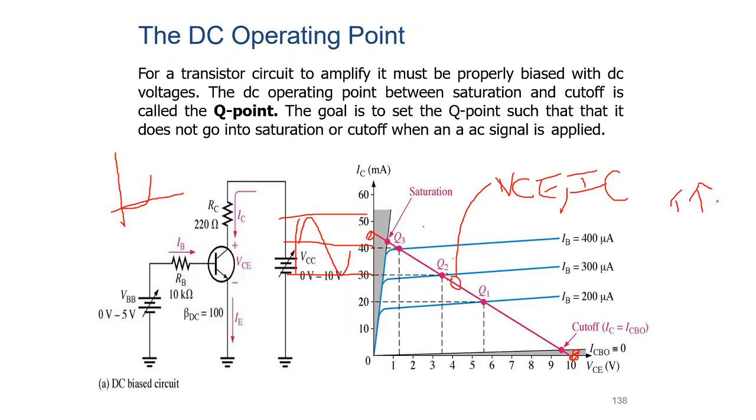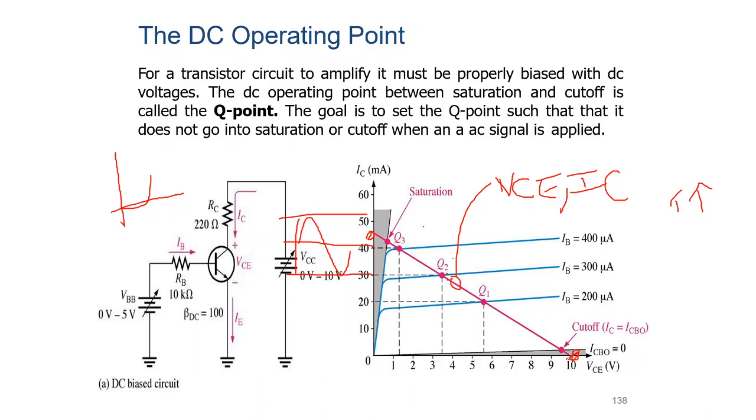Next comes the selection of the Q point. Always select the Q point in the mid region. For that purpose, we have to calculate the maximum and the minimum, which is called the DC load line. We sketch the DC load line by applying KVL equations across the output and calculate where it touches the x-axis and where it touches the y-axis.